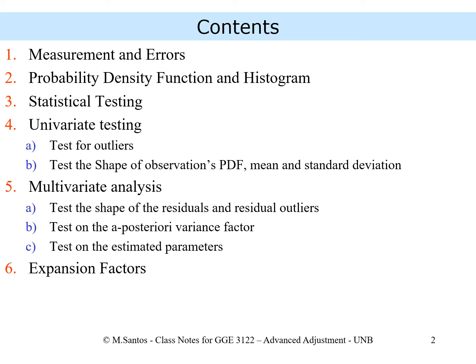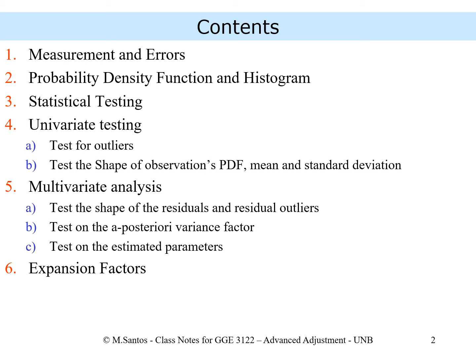And we are going to look at specific tests which are the most common that we face in professional life. Tests for outliers, testing the shape of the observation's probability density function, test of the mean, and test of the standard deviation.